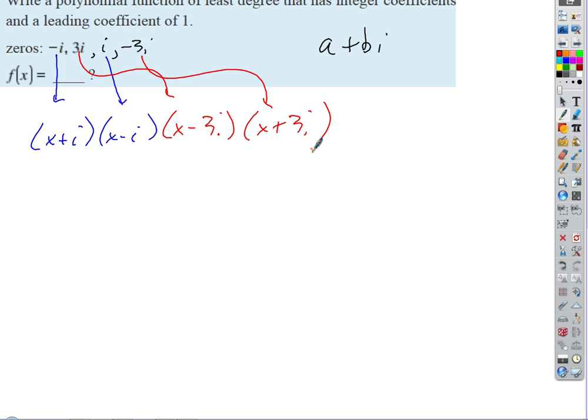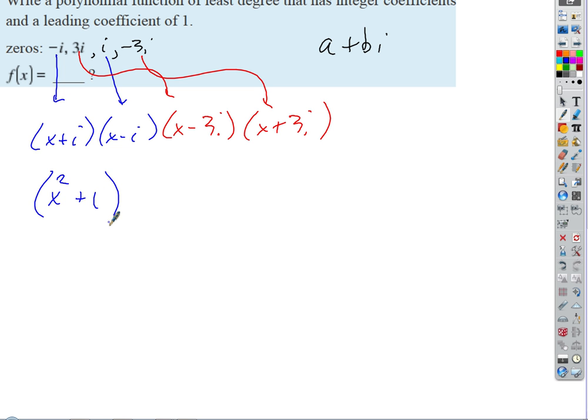What's the answer going to be here? That's a conjugate pattern, right? So we're going to get first term squared, so x squared minus i squared. But what's i squared? Negative 1. So x squared minus i squared would be x squared minus negative 1. What is that? Plus 1.